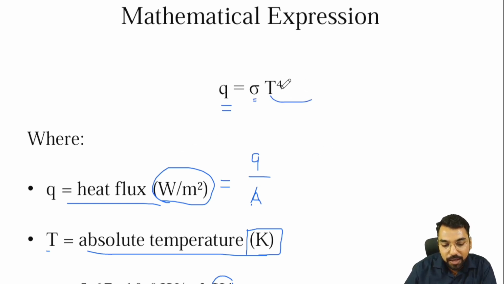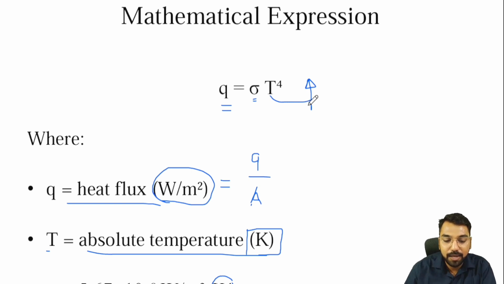So if we increase this temperature, let's say from 100 to 150 degrees, in Kelvin, just a conversion of degree Celsius to Kelvin, as you know, for converting degree Celsius to Kelvin we must add 273. Then you can convert degree Celsius to Kelvin. But obviously the difference will be the same.